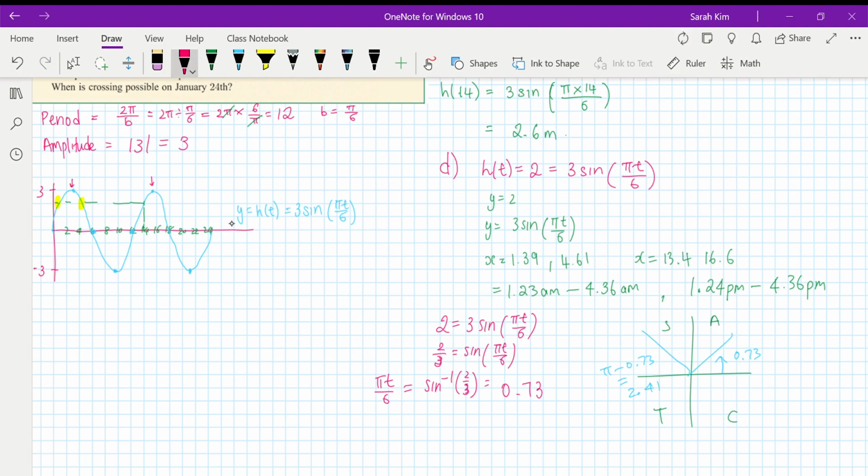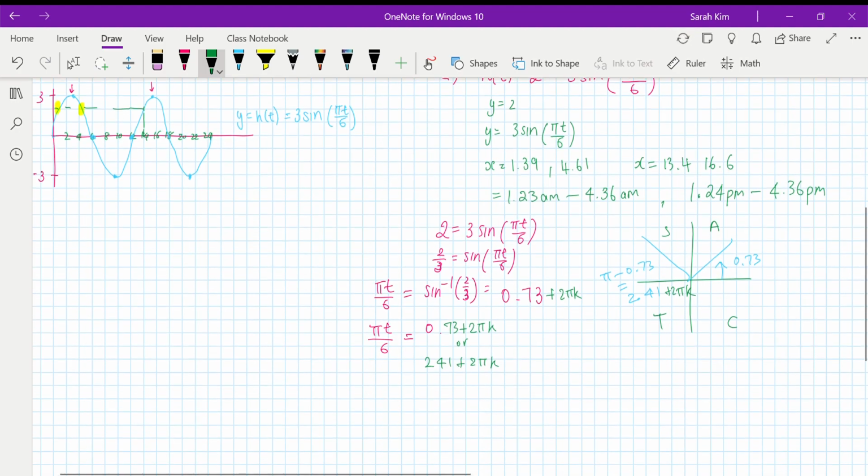So my pi t over 6 options are 0.73 plus 2 pi k, or I've got my other option, which is 2.41 plus 2 pi k.